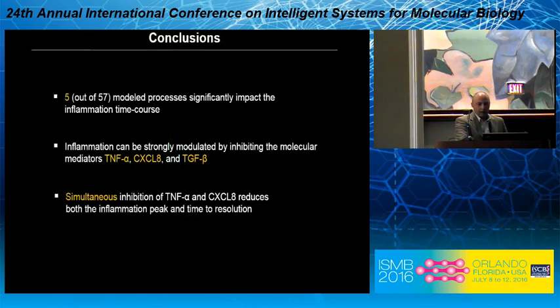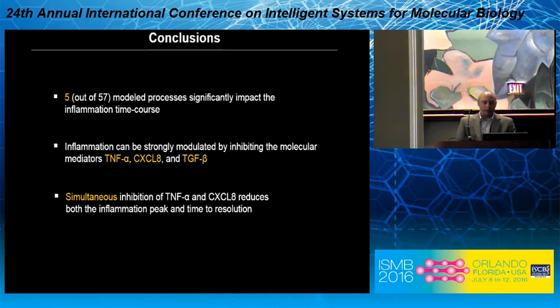So if we put together everything that I told you today, we can come to 3 main conclusions. The first conclusion is that we identified 5 processes that significantly impact the inflammation time course. The second conclusion is that inflammation can be strongly modulated by inhibiting TNF-alpha, CXCL8, and TGF-beta.